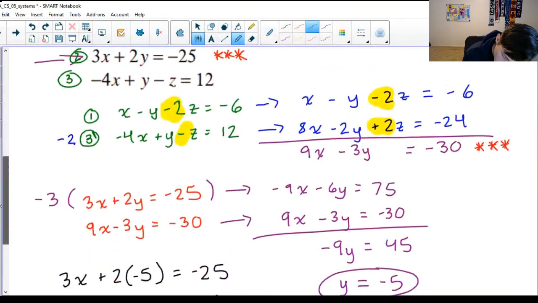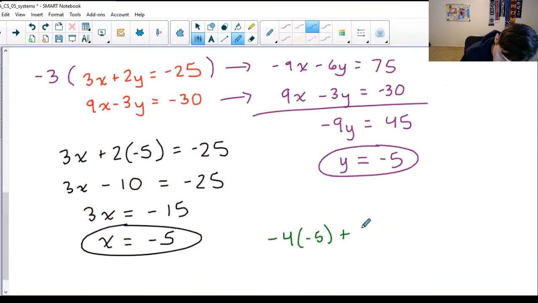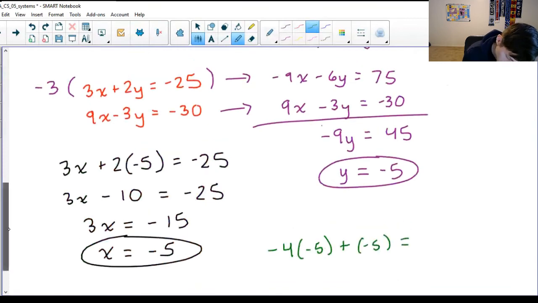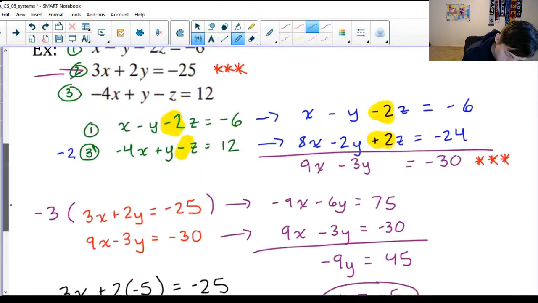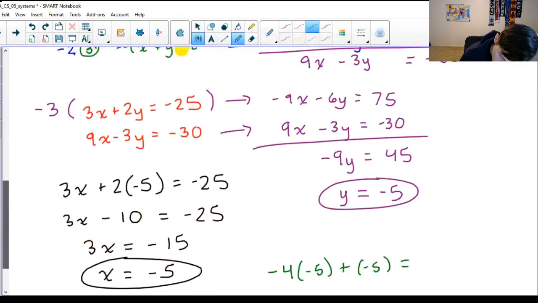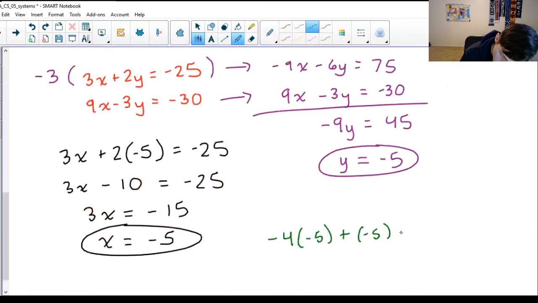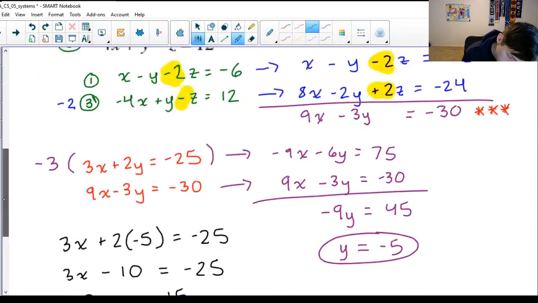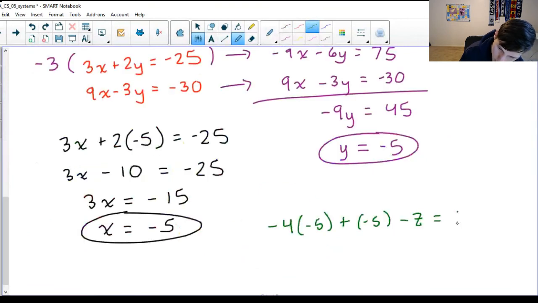Okay, negative 4x plus y, so plus negative 5, minus z equals 12. I hate scrolling up and down. Whew, that was tough.